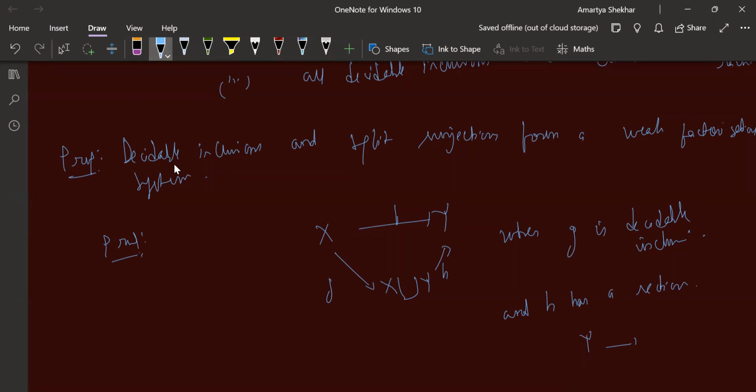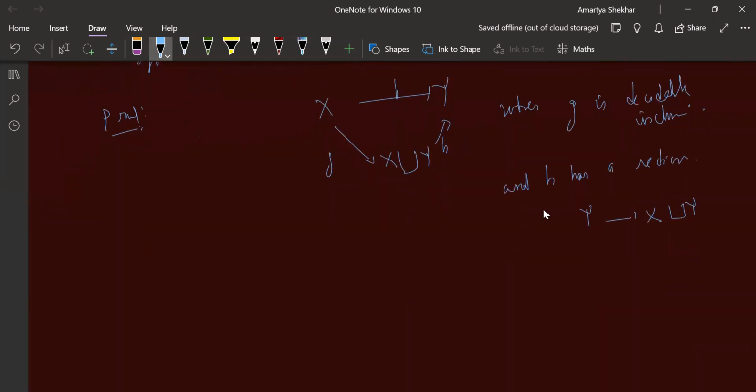And the lifting properties are immediate, so you can see that.